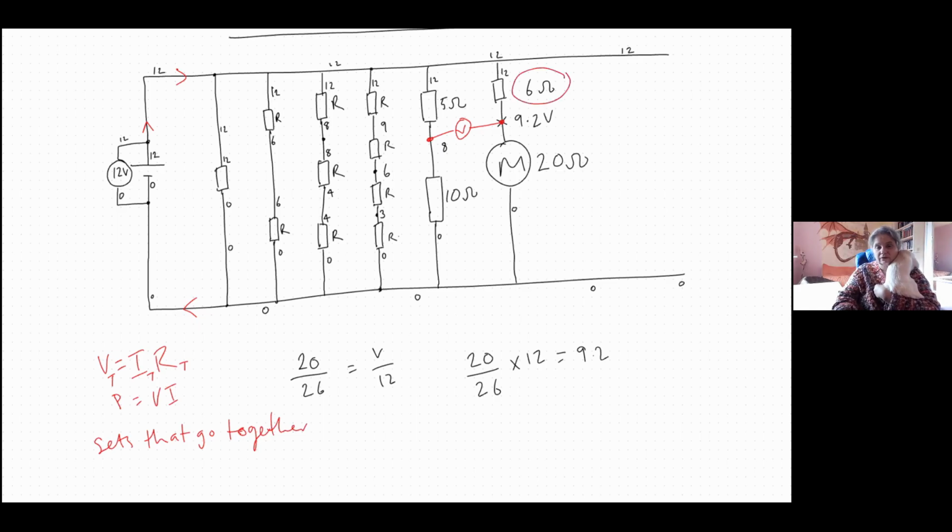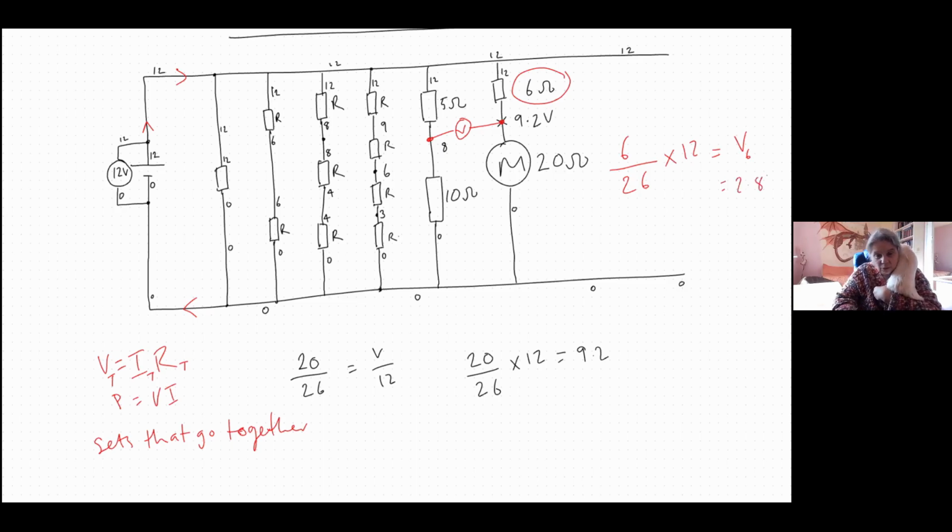So it's 6 out of 26, isn't it, times 12. That is going to give us the potential difference across the 6 ohm. What do we get? 6 divided by 26 times the 12 gives us 2.8. So this is 2.8 volts.